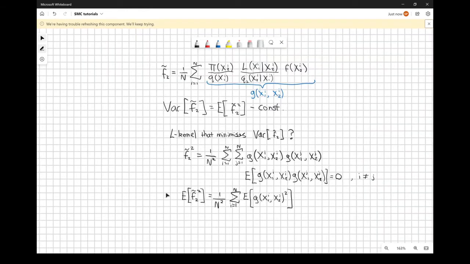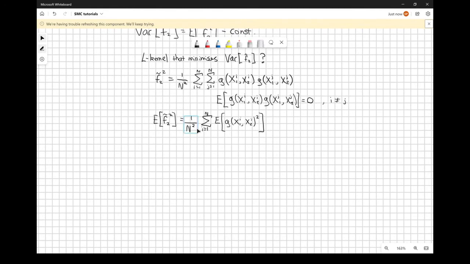So we're going to calculate the expected value of our estimate at iteration 2 squared, and it's the expected value with respect to the proposal distribution, which in this case is expressed as this product here. The key thing to note is that samples i and j are independent if i is not equal to j.